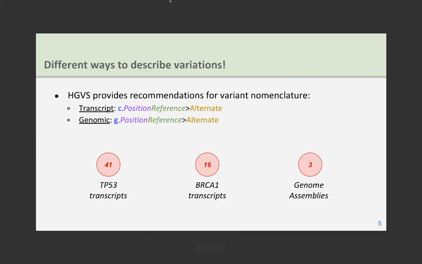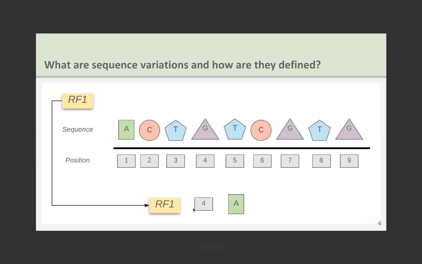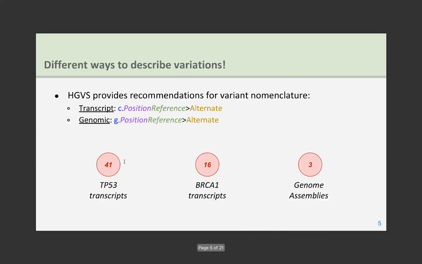And to come up with this representation of variation, the Human Genome Variation Society has come up with very nice, detailed documentation of how to define this information in the form of one string. It simply says that you first provide your transcript reference identifier, then you provide c. if it is a transcript and g. if it is genomic.